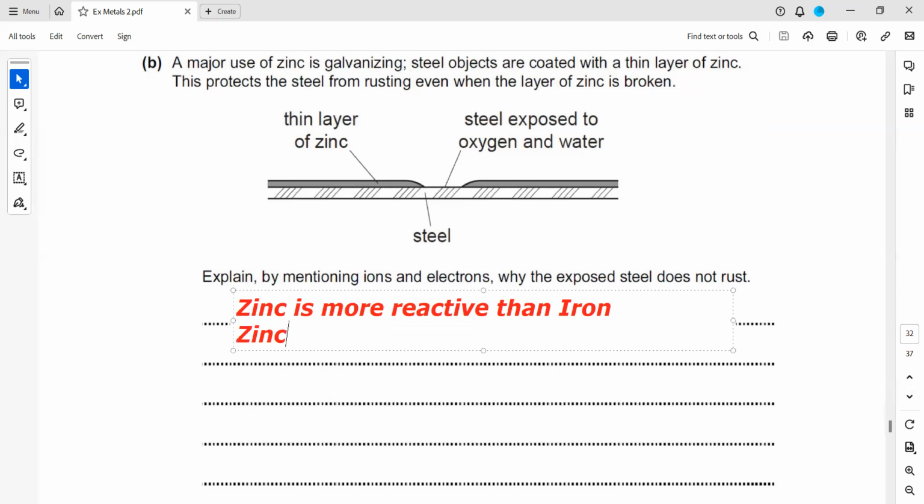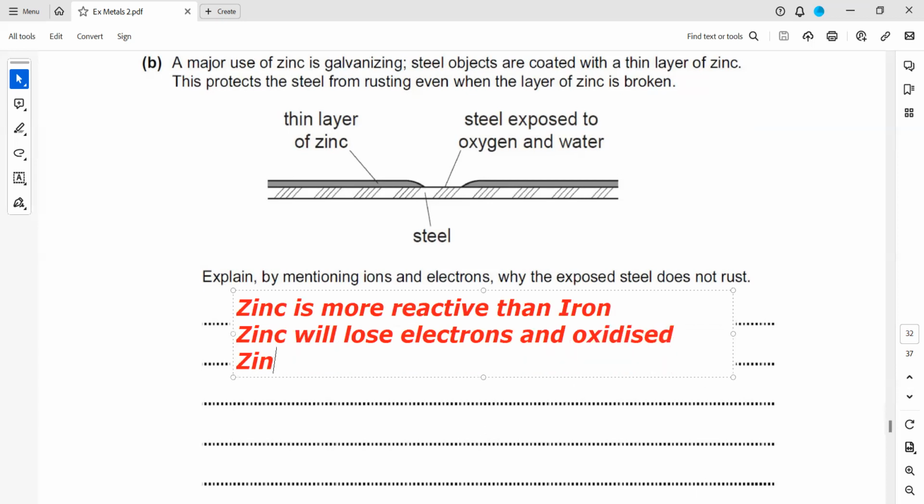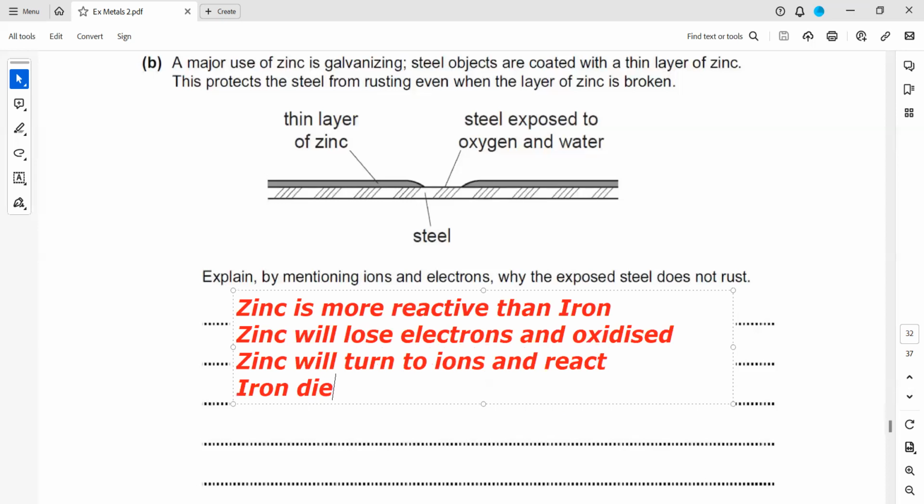As the more reactive metal, zinc will lose electrons and it will oxidize. So zinc will turn into zinc ion, and it will react. Iron does not change, it remains as an atom.